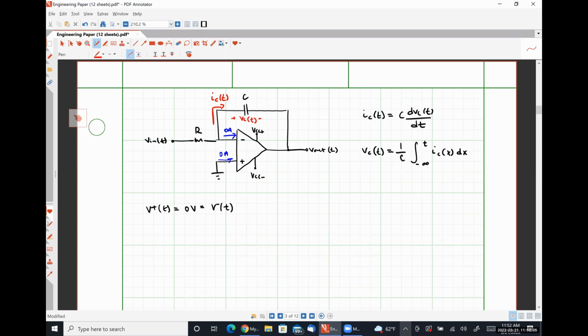So what's the current flowing from left to right through the resistor R? Exactly right. So from that, IC of t is given by Vn over R. Now, what's the relationship between Vc and V out?